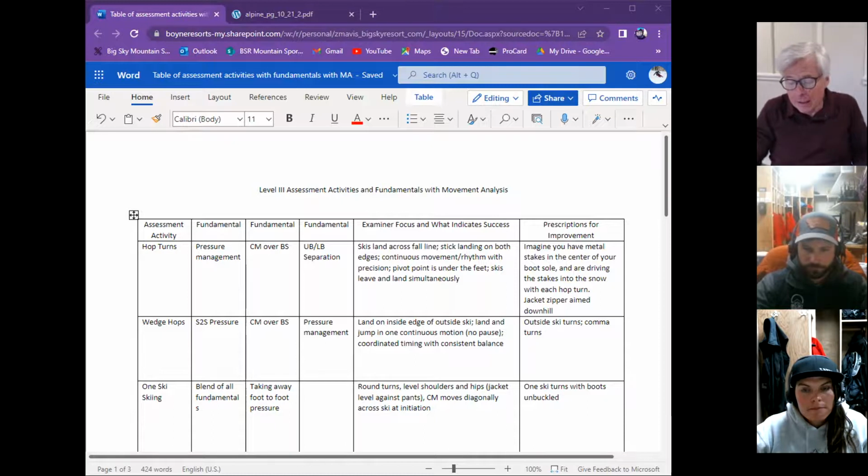We've used dynamic wedges in particular for that, but you pushed me on wedge hops as well. And coming back to our initial conversation around hop turns, some of that is also keeping up with the ski and the center of mass over the base of support consistently.